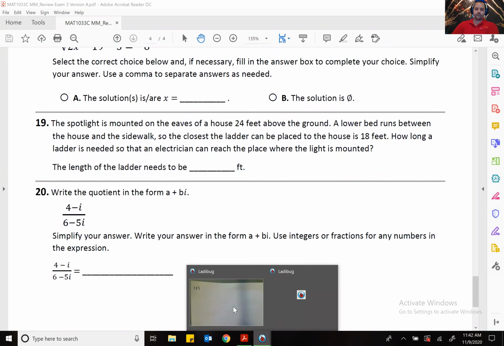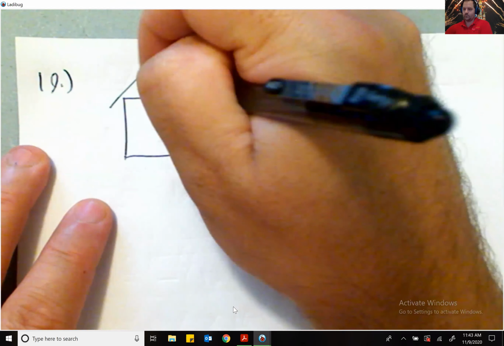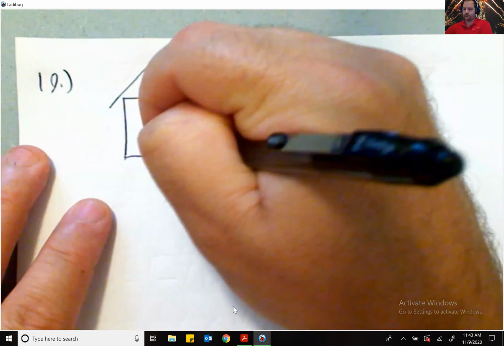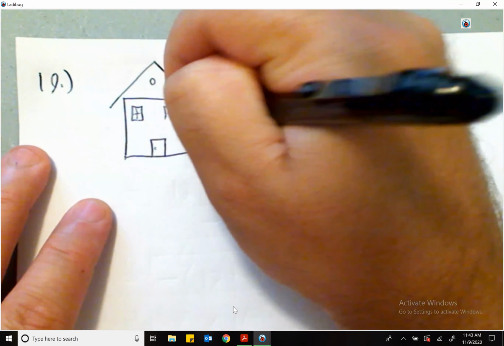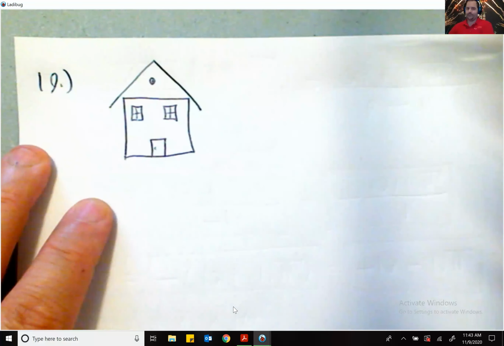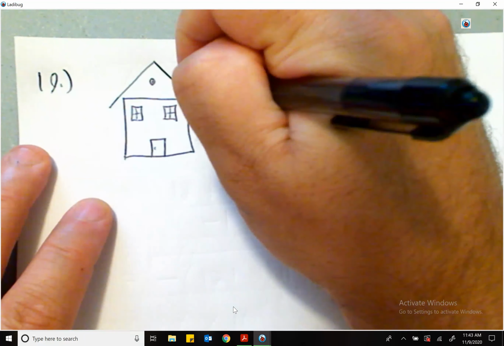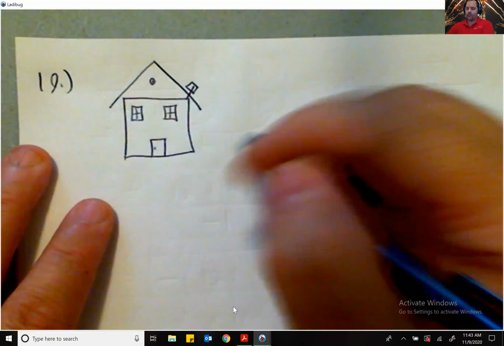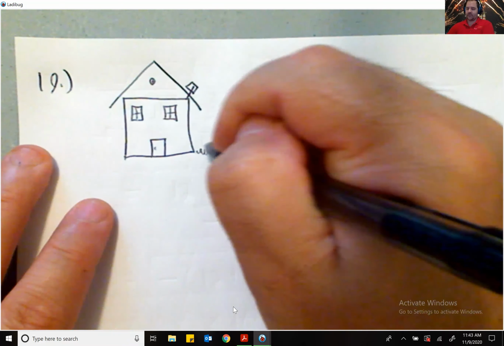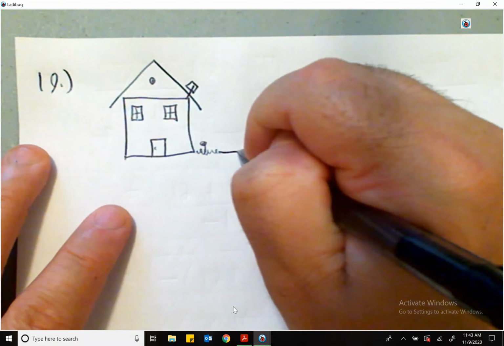Okay. So let's draw a little picture here. Draw my little house, windows, doors. All right. So there's some sort of spotlight. Here's my spotlight. Okay. Then over here, there's like grass and flowers. And then there's a sidewalk.